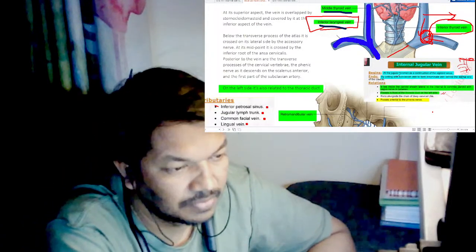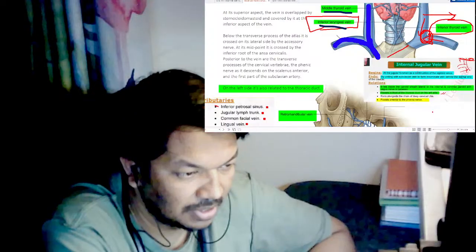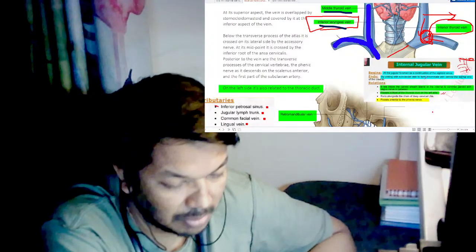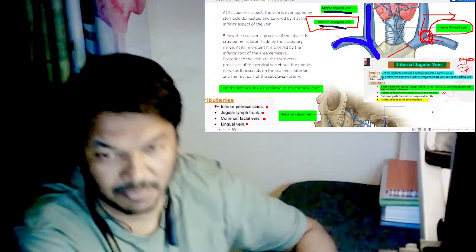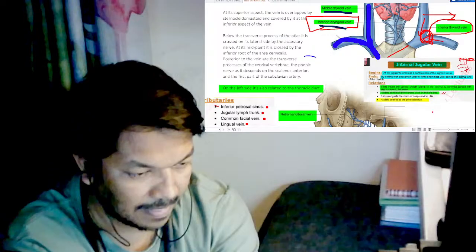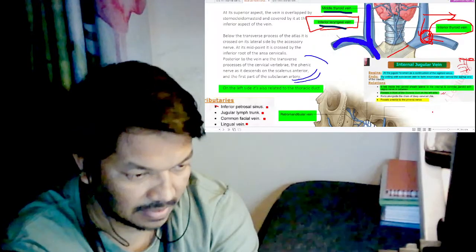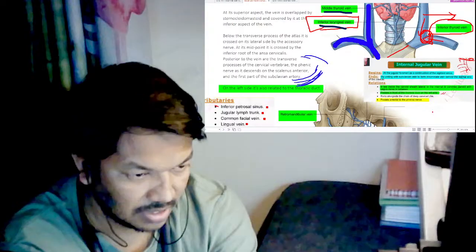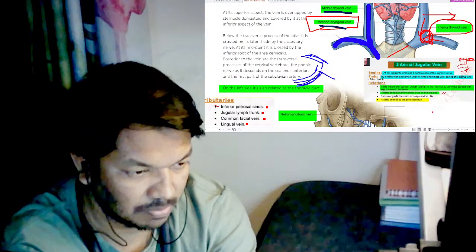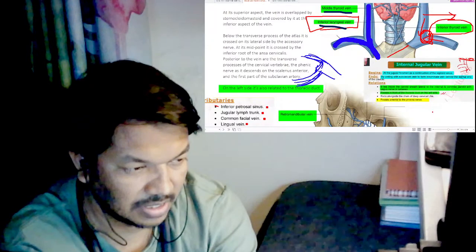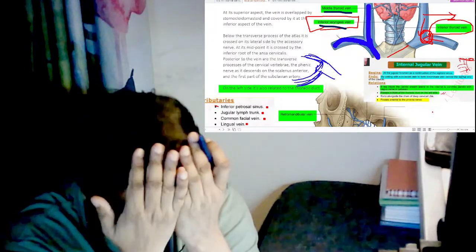The internal jugular vein begins at the jugular foramen as a continuation of the sigmoid sinus. You remember in the foramen we studied, the sigmoid sinus and inferior petrosal sinus join together to form the internal jugular vein.